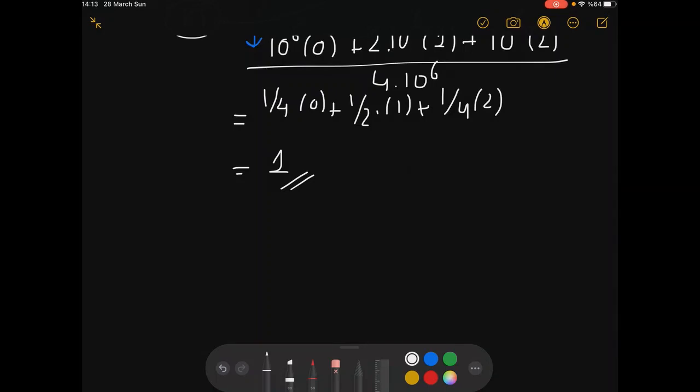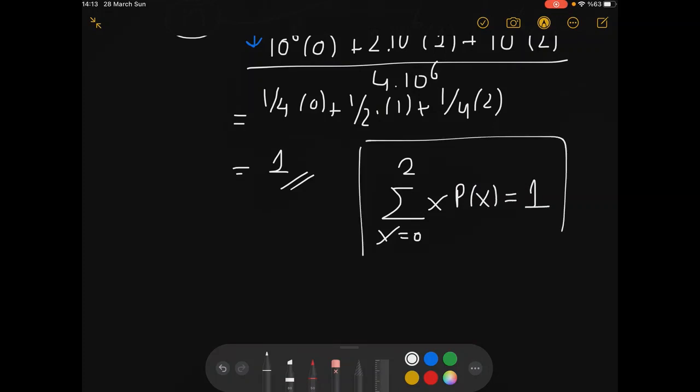So this is your expected value, your expectation about that particular event. You can write this: if you add from 0 to 2, x times p(x) gives you 1, because you added all the possibilities here.